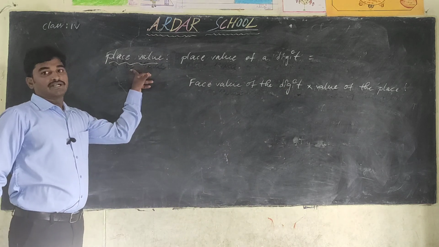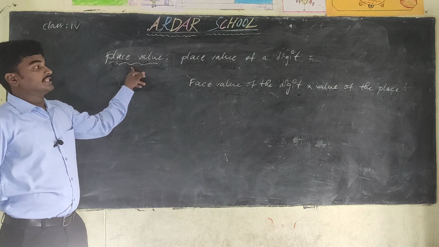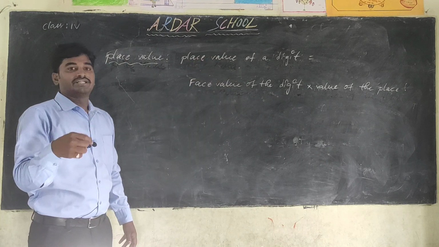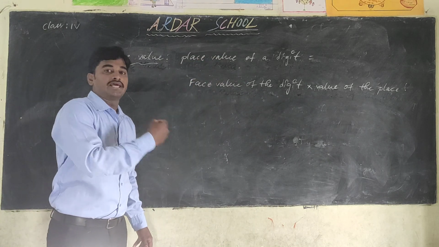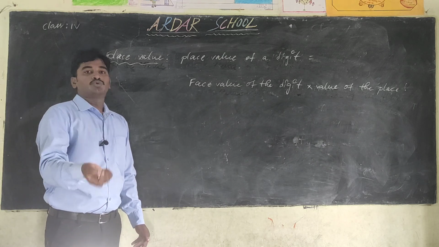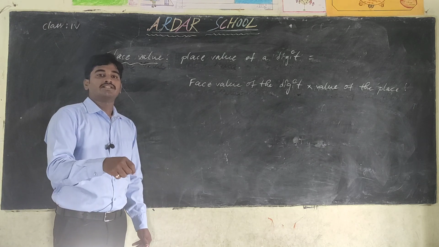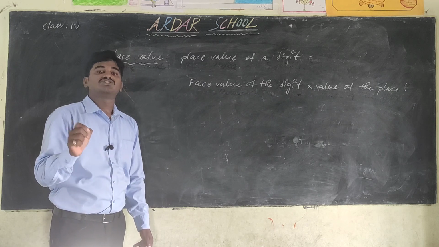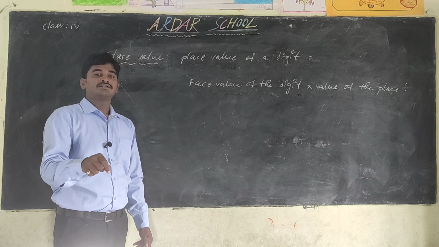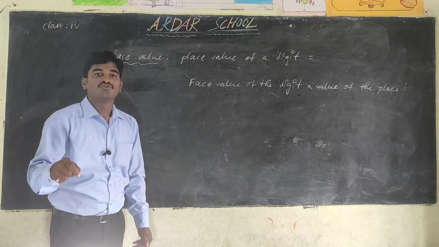Place value depends upon the place of the digit. The value of a digit depends upon the place in a given numeral. For example, if 2 is in tens place, the place value of 2 is 20. If 4 is in thousands place, the place value of 4 is 4000.